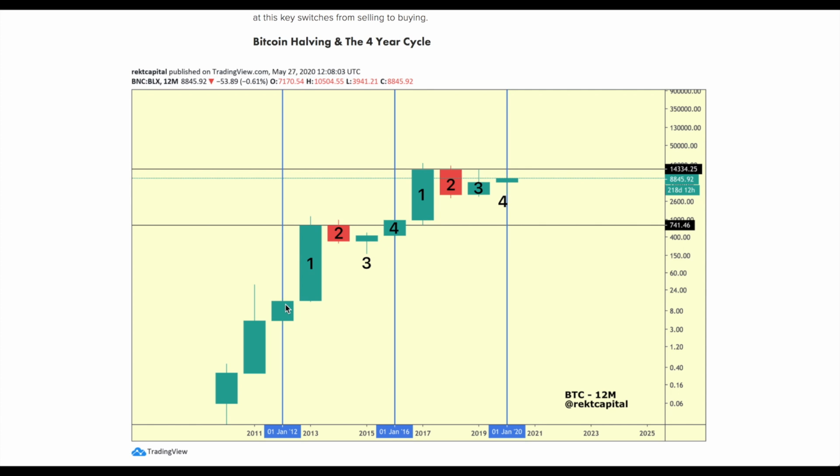And if you guys remember my video on the Bitcoin halving and its effect on Bitcoin's price action, you'll notice that there is a lot of confluence there. And this 12-month chart, this 4-year cycle, is a very good testament towards the historical tendencies that the Bitcoin halving has on Bitcoin's price. And that's the fact that Bitcoin's price tends to rally exponentially after the Bitcoin halving. And this 4-year cycle showcases that phenomenon, that historical tendency, in a very neat and simple way.